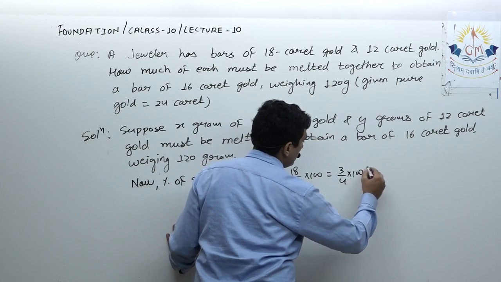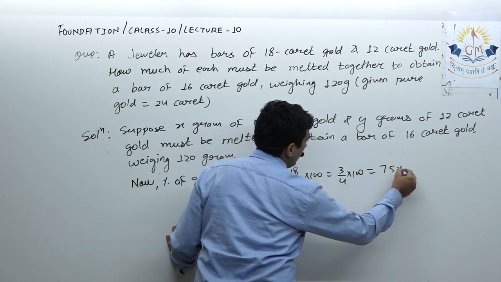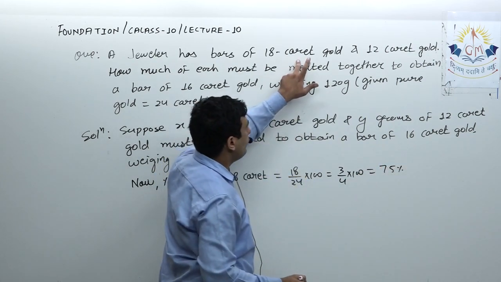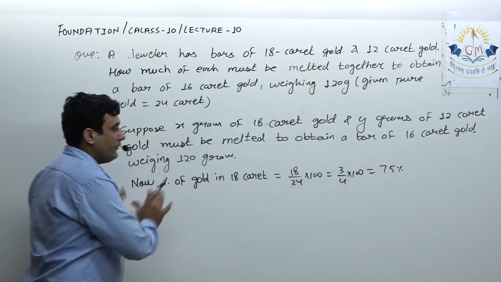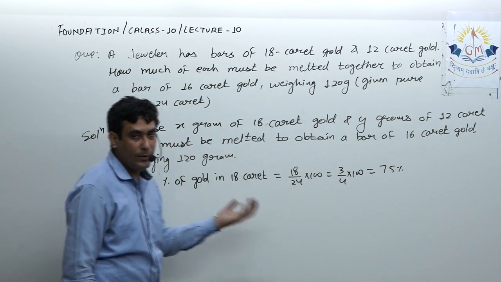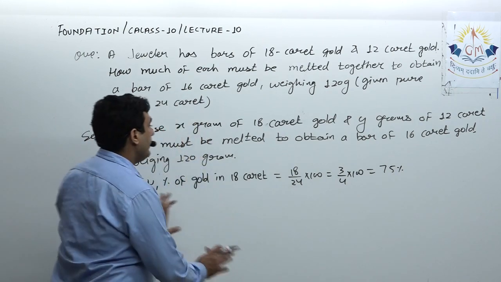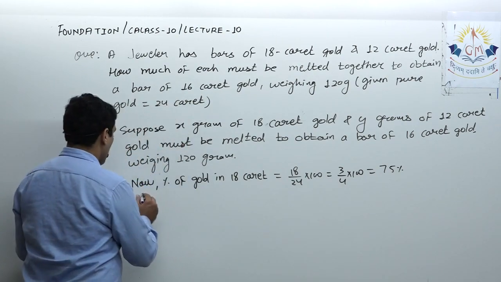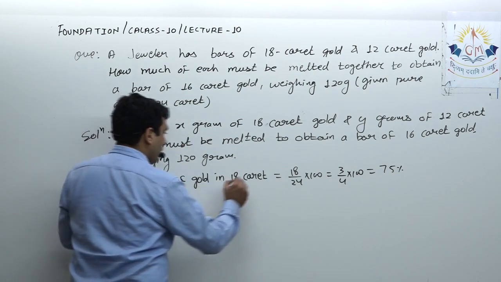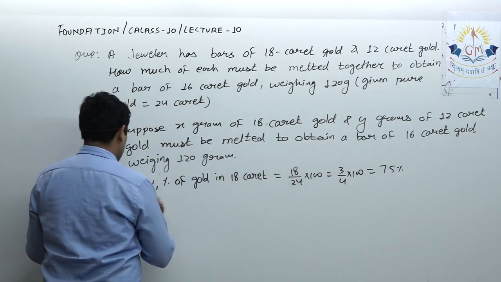That is 75%. That means when I say 18 karat gold, its purity is 75%. Only 75% gold is there, remaining might be other metals, or impurity, which is definitely not gold.